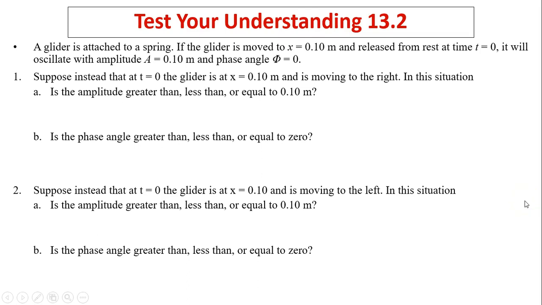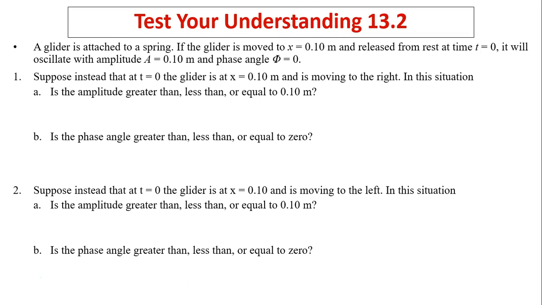Check your understanding. A glider is attached to a spring. If the glider is moved to x equals 0.1 meters and released from rest, it will oscillate with amplitude A equals 0.1 meters and phase angle equals 0.